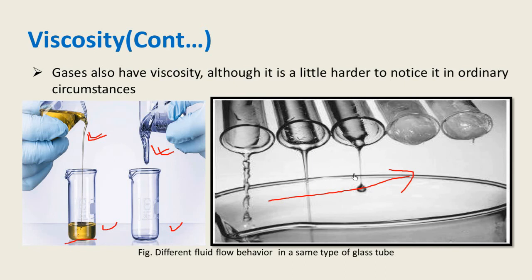In the third case also, fluid is flowing at a very slow rate, and in the fourth case fluid has just started flowing, and in the fifth case fluid has not yet started. So that means we have a higher viscosity in the fifth case. So these two figures give us an understanding of viscosity.